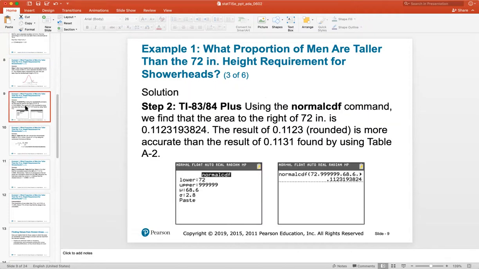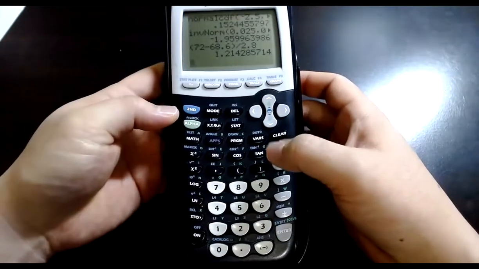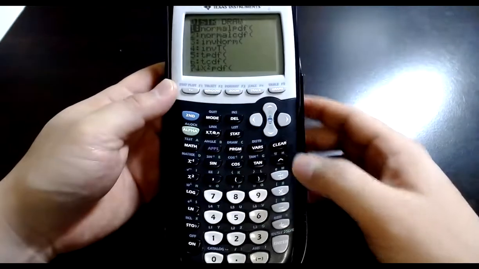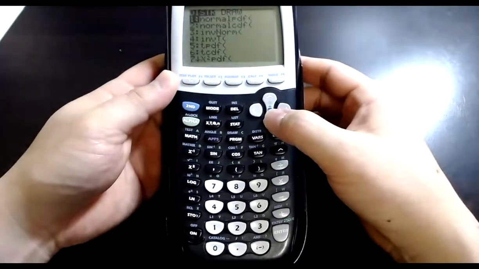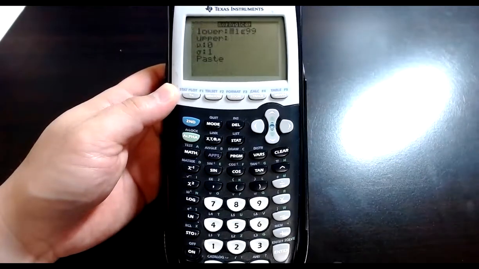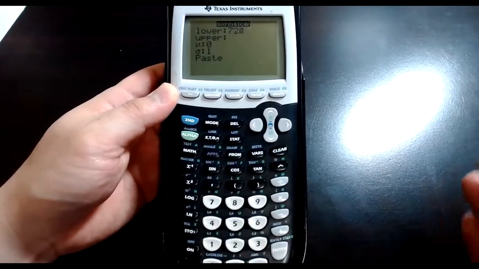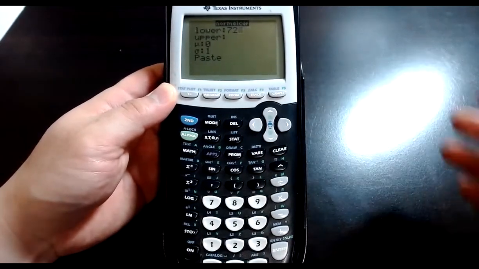So now I'll figure out the answer to the problem using the calculator. In the calculator, we go to the distribution menu and choose normal CDF. Lower must be 72, because the problem says so.